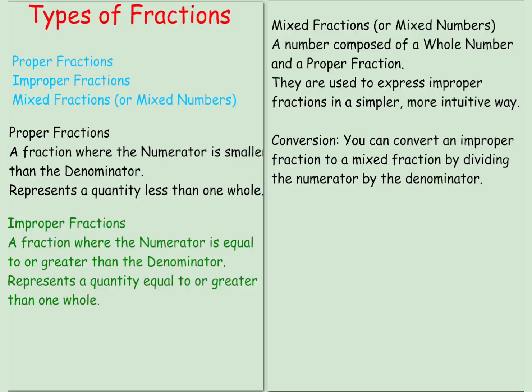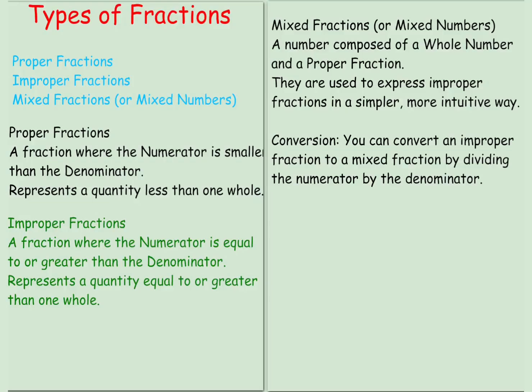Now the last one under this section is what we call the mixed fractions, also known as mixed numbers. If you have a number that is composed of a whole number first and a proper fraction, then we call that a mixed fraction. Take note, it is composed of a whole number and a proper fraction. They are used to express improper fractions in simpler forms.